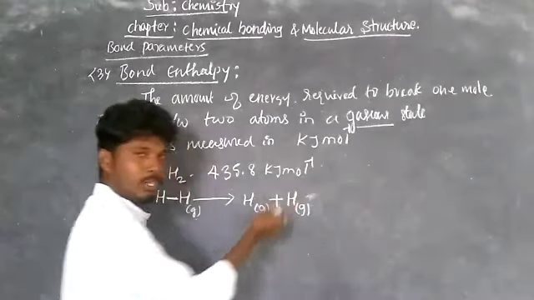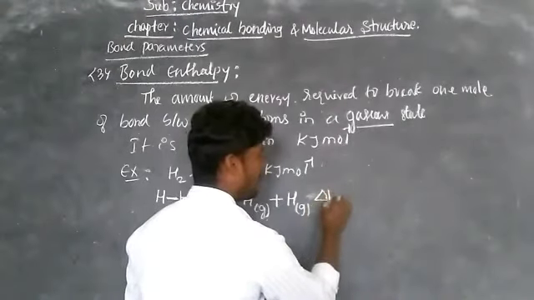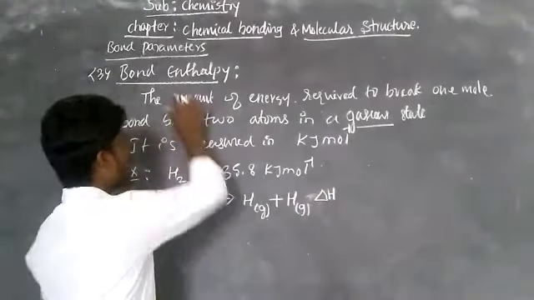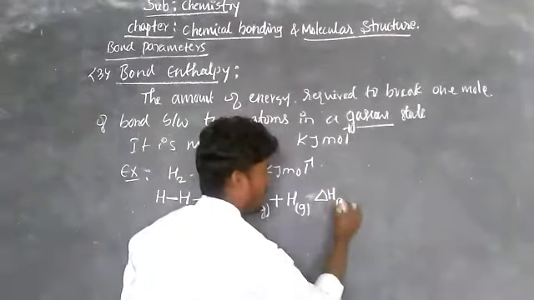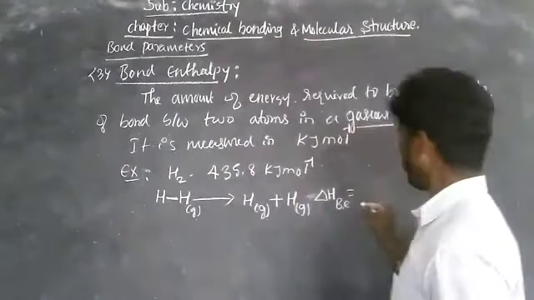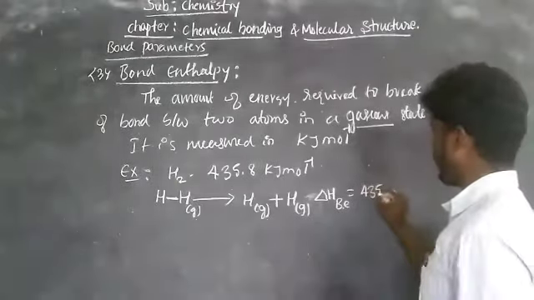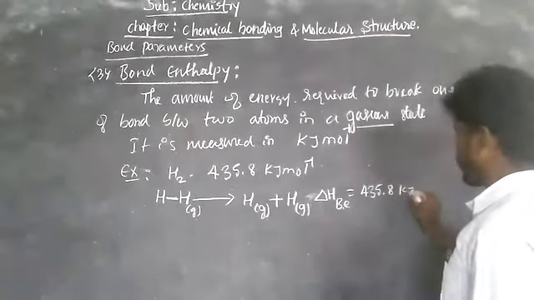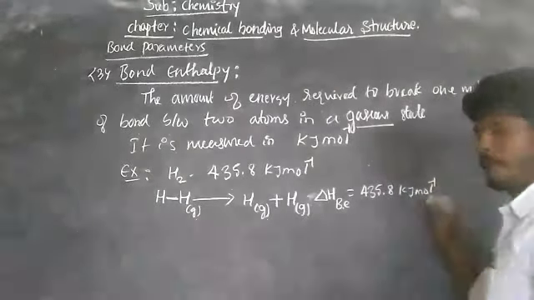Enthalpy is indicated by delta H, so the bond enthalpy BE is 435.8 kilojoules per mole.